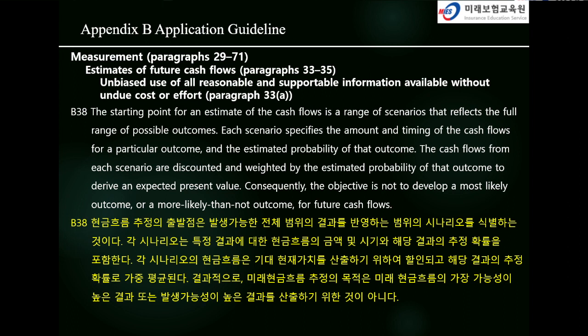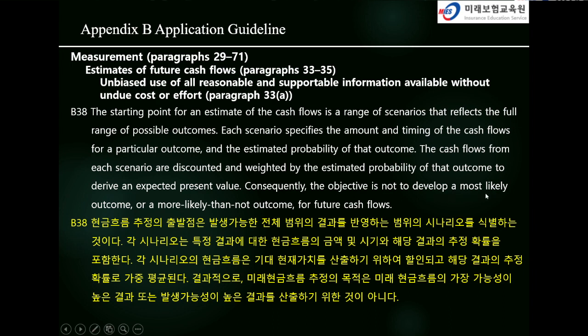Wow, which sounds very complicated, but out of 1,000, you have to come up with a probability estimate as well. And then those are discounted and weighted. Discounted means you apply the yield rate, the forward rate, or things like that, and also weighted by the estimated probability. It is very detailed in the expression of how you can do it. And also, consequently, the objective is not to develop a most likely outcome, right?